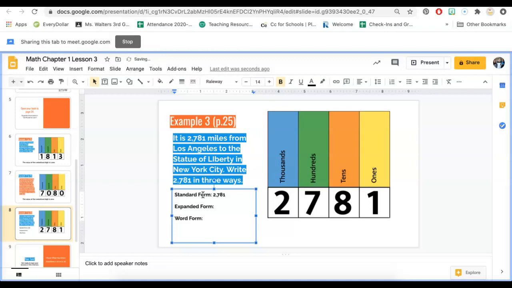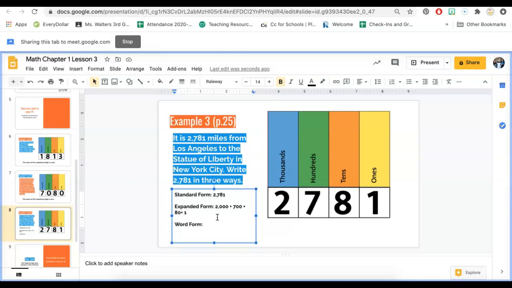Now, expanded form is going to be the sum of all the digits, and we're stretching it out. So we have 2,000 plus 700 plus 80 plus 1. We have stretched out that number to expanded form.